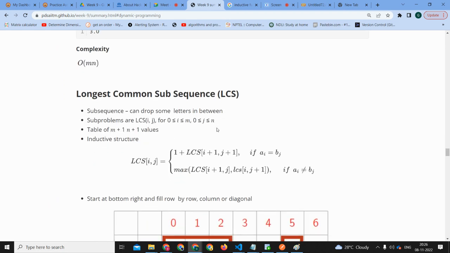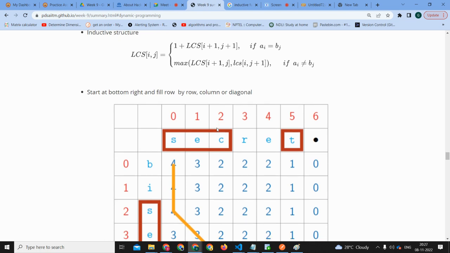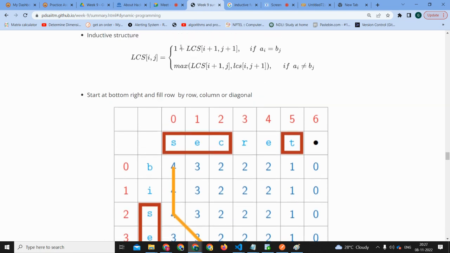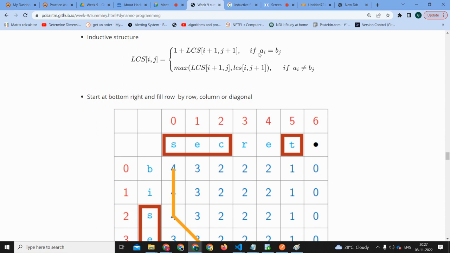So we'll talk about the longest common subsequence. Now, how to find this? We have the inductive formula here again. If they are equal, 1 plus, just like the previous formula. If they are not equal, maximum of what is this? Can someone tell?